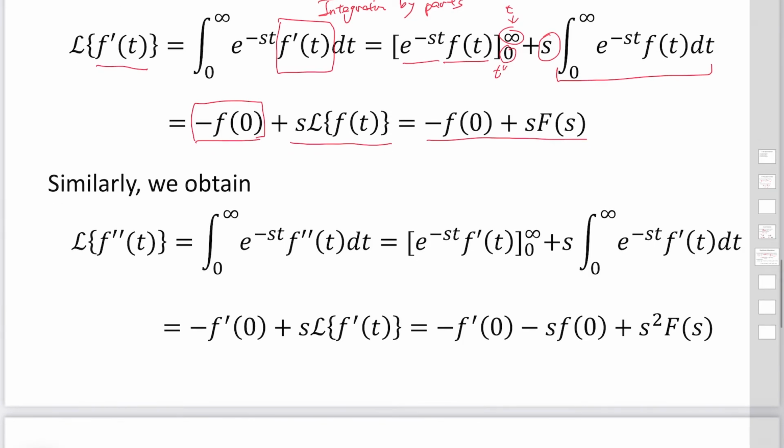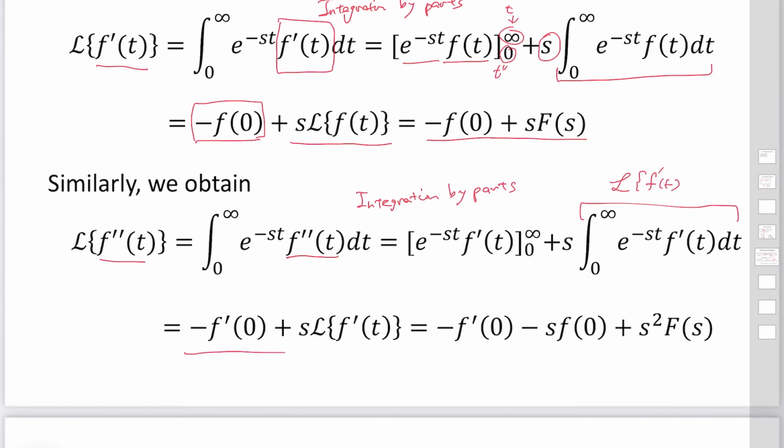Similarly, we obtain the Laplace transform of a second derivative of a function. We just substitute this one. Then integration by parts is applied again. Exponential minus st f prime(t) plus s times the Laplace transform of f prime(t).